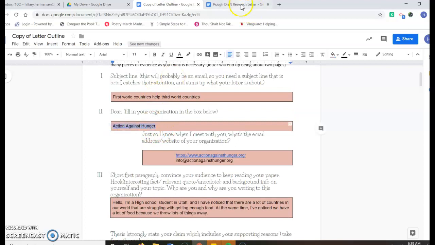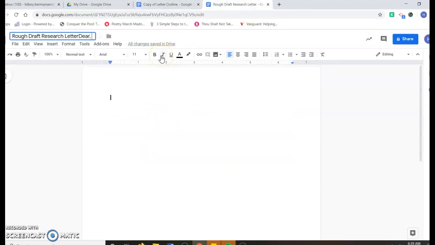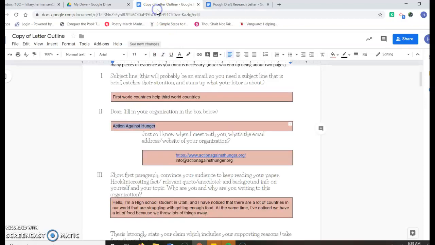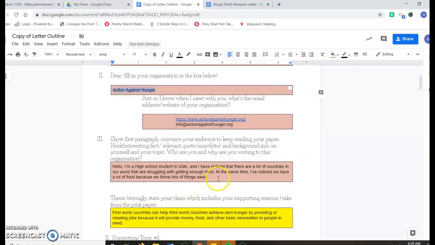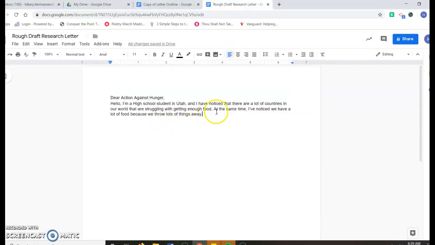So that's our Dear Action Against Hunger, comma, and then back over here, copy, paste, copy. Remember, it's Control C and then Control V. Okay, so that's the first paragraph.